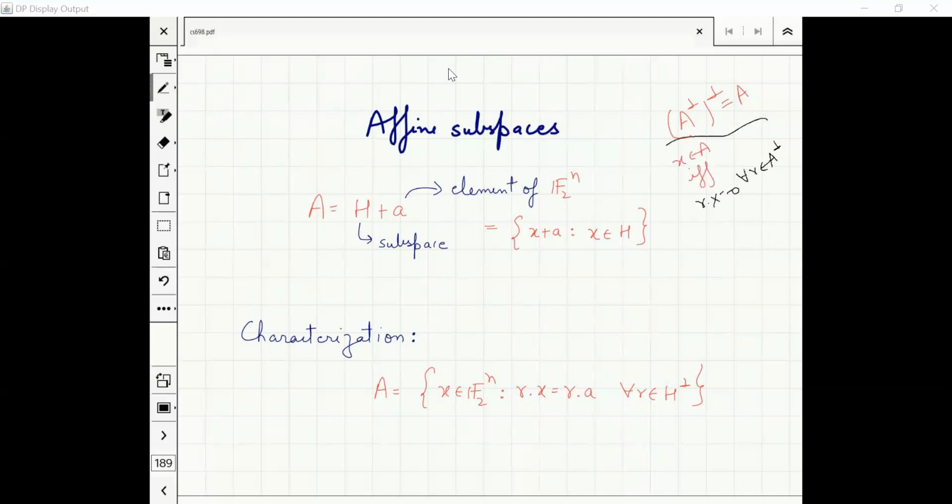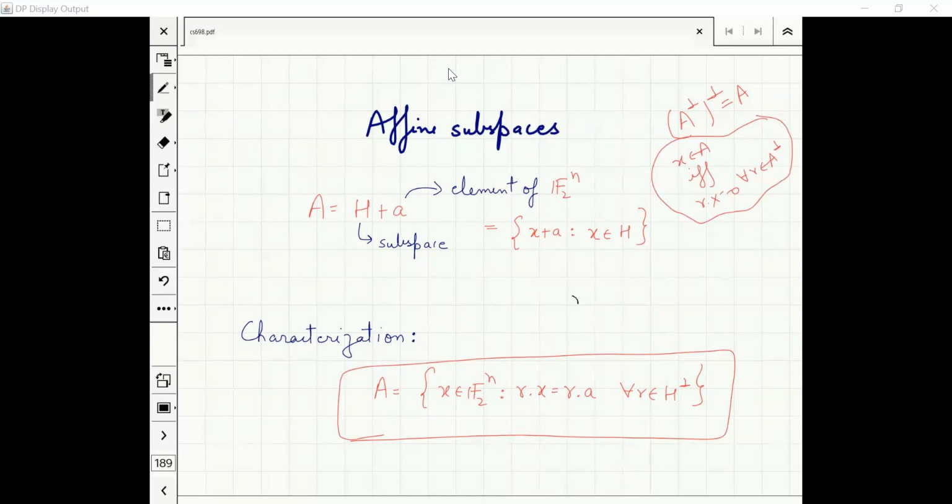This is what we used so that we could give the Fourier expansion of the indicator. Now, for the affine subspace, you can see a similar characterization. Instead of gamma dot x being equal to 0, it will become gamma dot a.